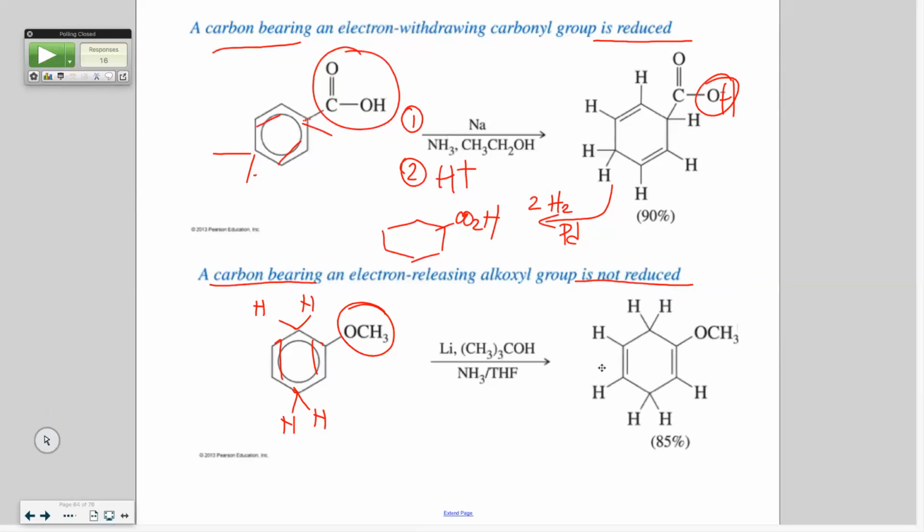Remember that to begin with, each one of those carbons has only one hydrogen on it, except the carbon that has the group on it. That doesn't have any hydrogen. You're only adding one of the hydrogens. Yeah, right. One of these was already there. So when you do the reaction, you're adding those two.